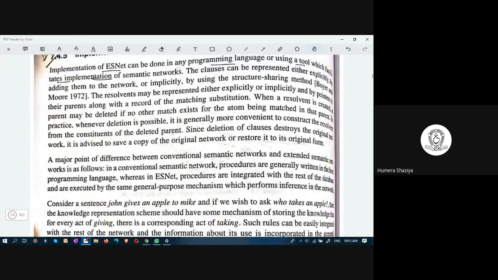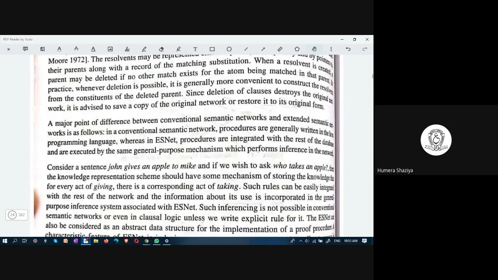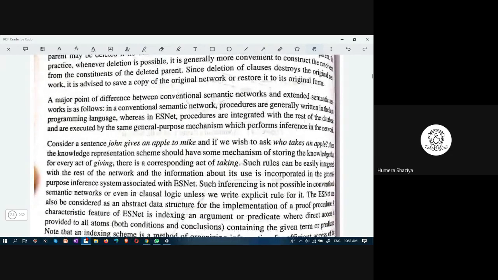The difference between conventional semantic network and extended semantic network is that procedures are generally written in the host programming language, whereas in ESNet, procedures are integrated with the database and executed by the same general purpose mechanism. This is the difference with respect to the implementation.